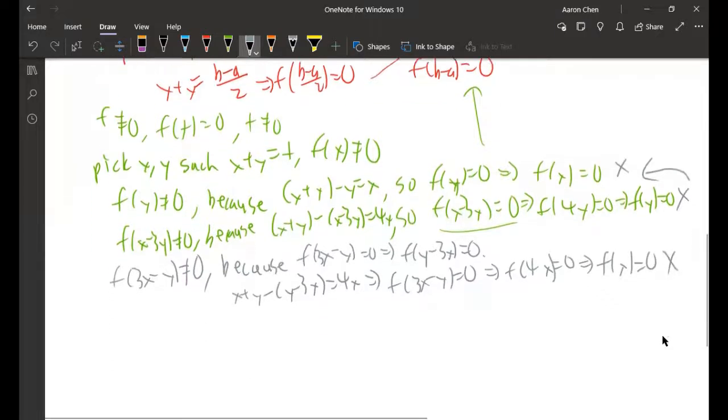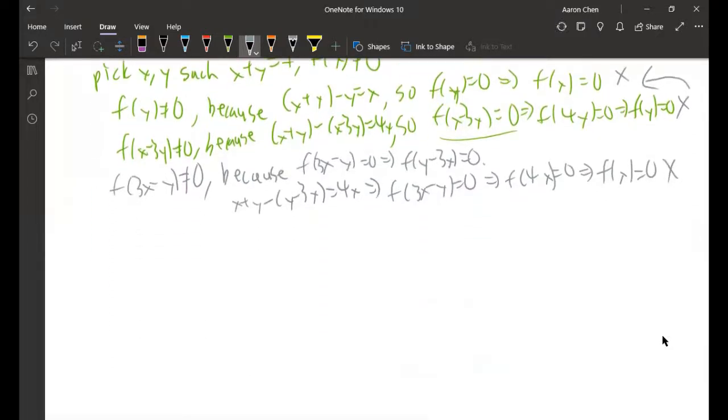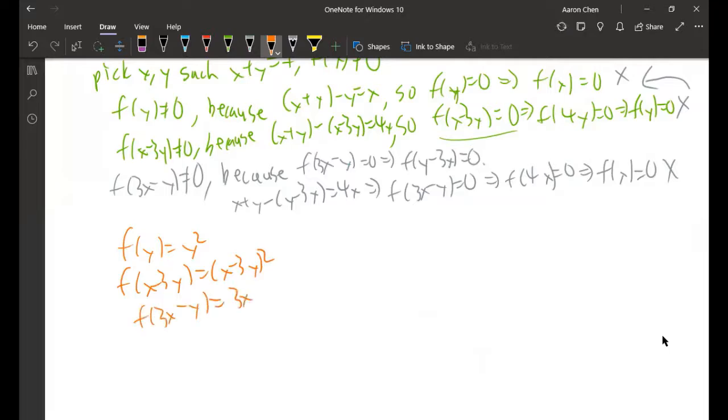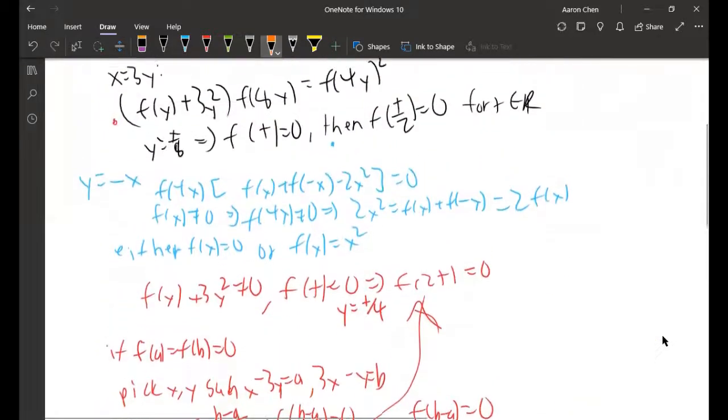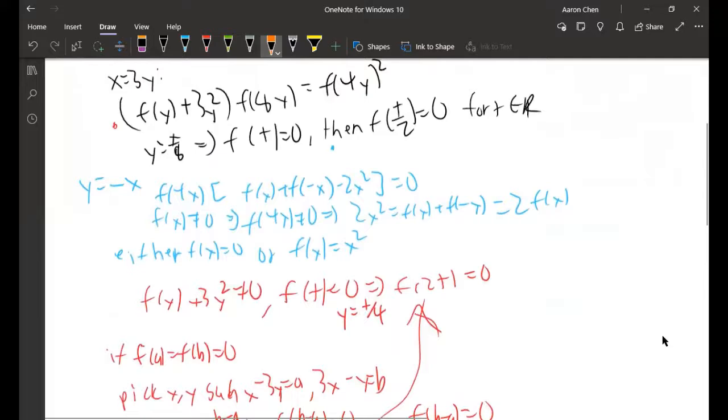And so what this implies now is that f of y is equal to y squared, f of x minus 3y is equal to x minus 3y squared, and f of 3x minus y is equal to 3x minus y squared, because of what we've already shown up here.